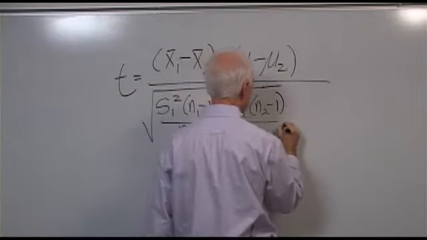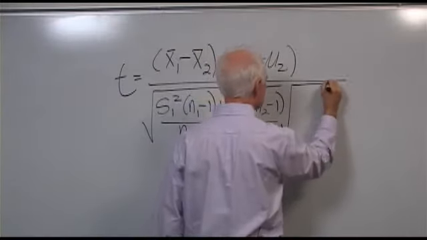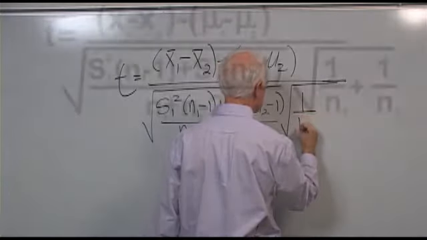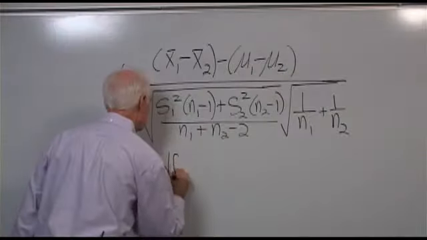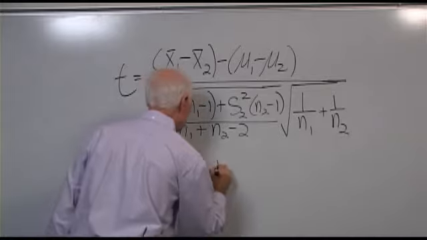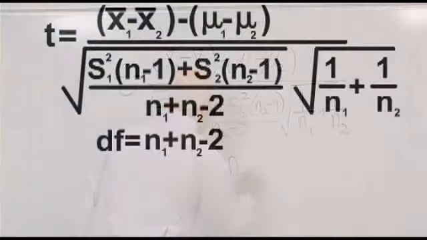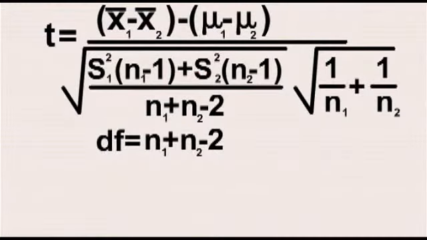Now all of that is times another expression, 1 over n1 plus 1 over n2. The degrees of freedom formula is n1 plus n2 minus 2.